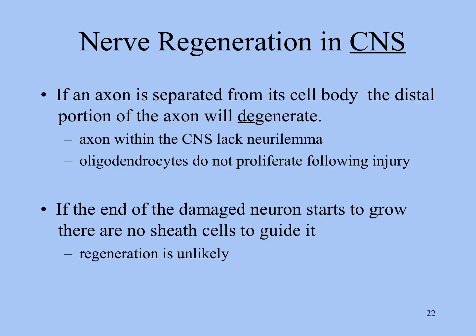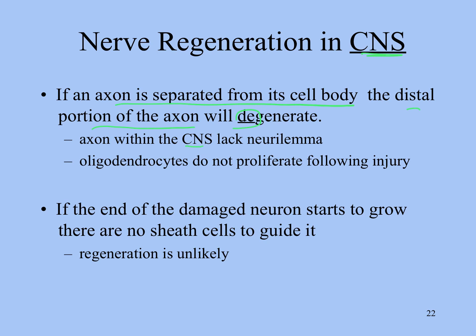So the previous slide described what happens if nerves regenerate in the peripheral nervous system. In the central nervous system, if an axon is separated from its cell body due to injury, the distal portion of the axon will degenerate, much like you saw with the peripheral nervous system.